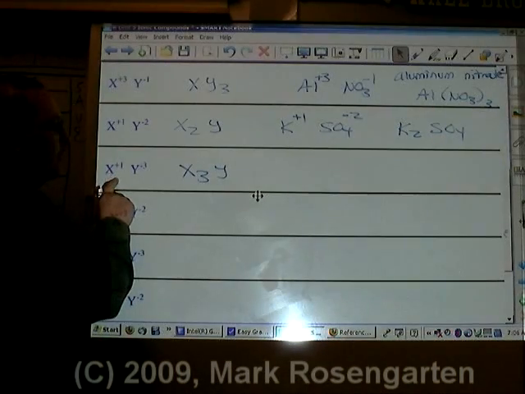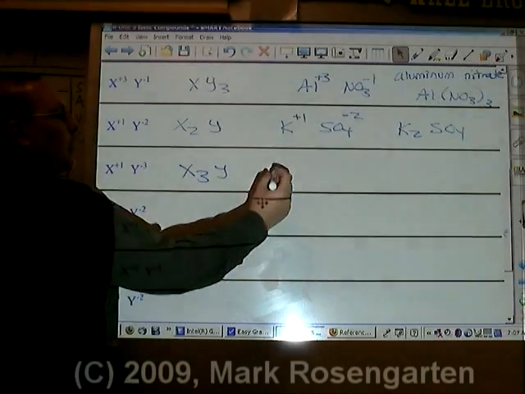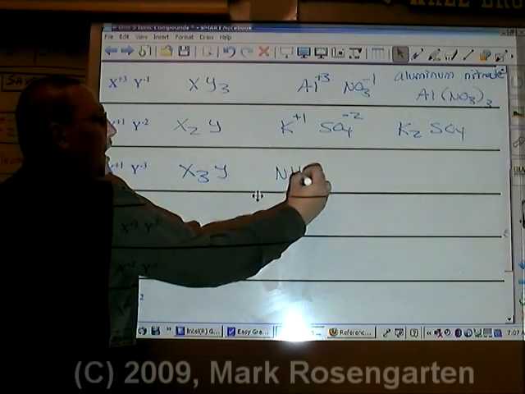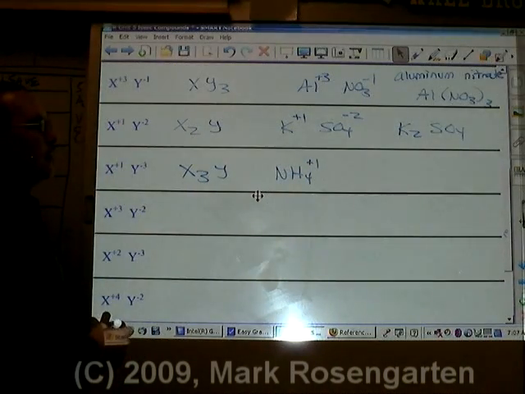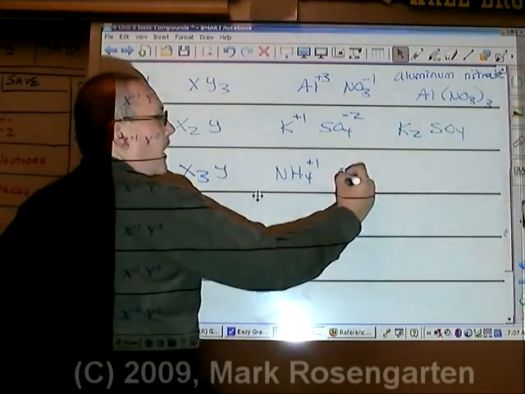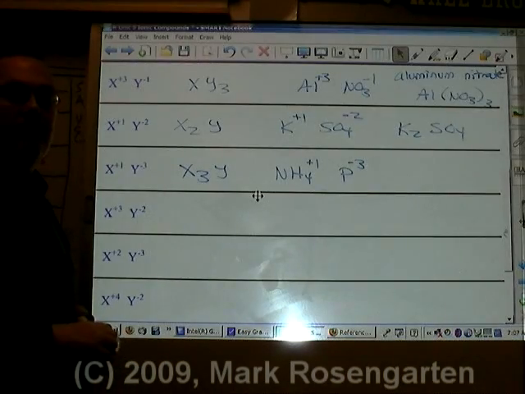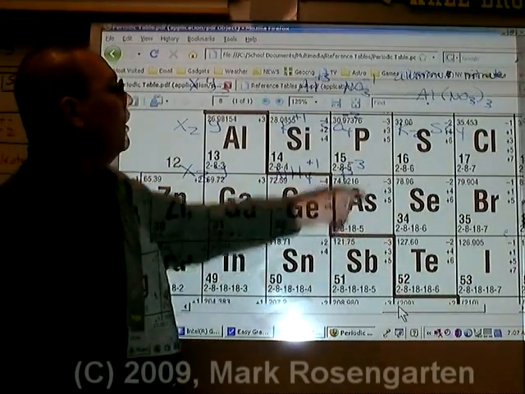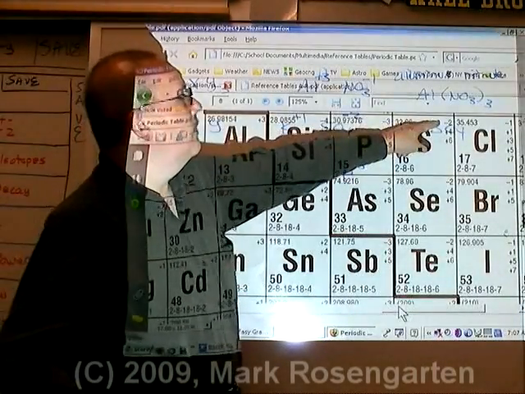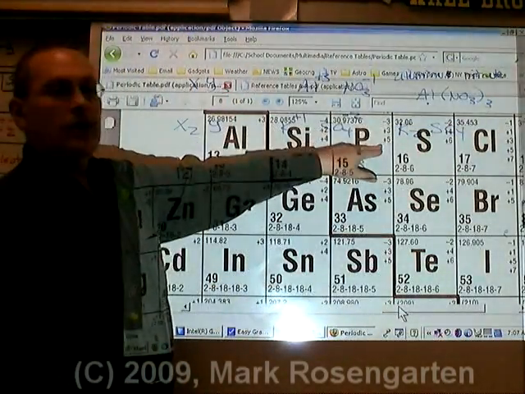We have X +1 and Y -3. So let's suppose that we have ammonium, NH4 +1, and as a -3 ion, we have phosphide, P -3. How do we know that phosphide is -3? On the nonmetal side of the periodic table, the first charge listed at the top is the ion charge. Phosphorus has 3 charges listed.